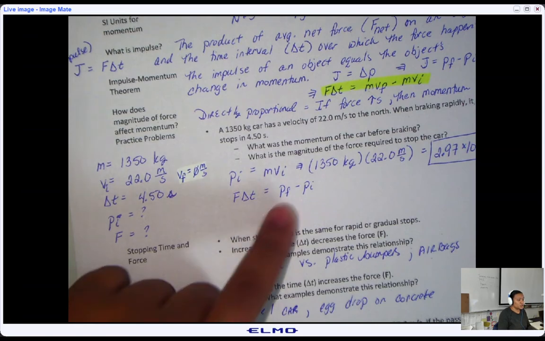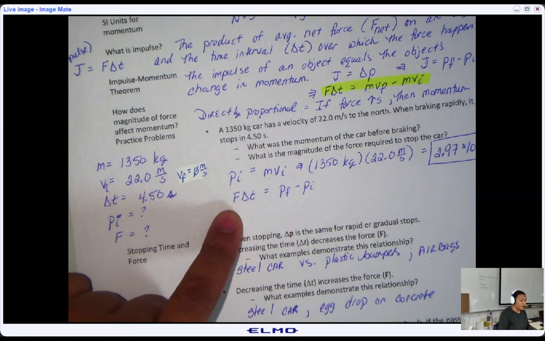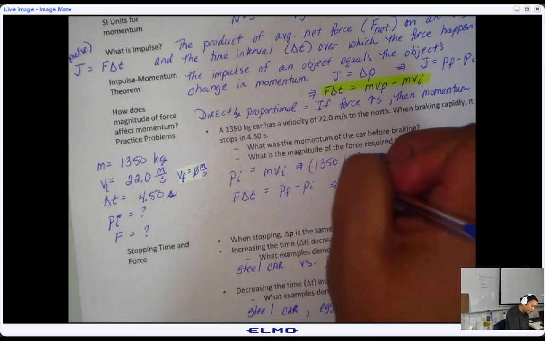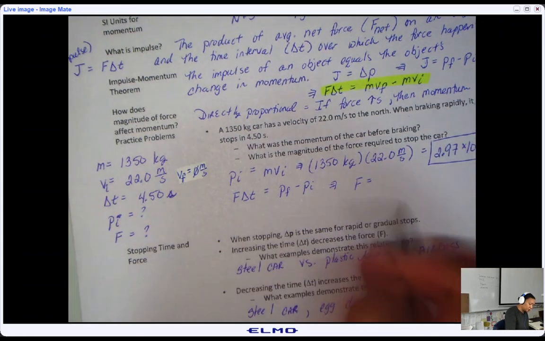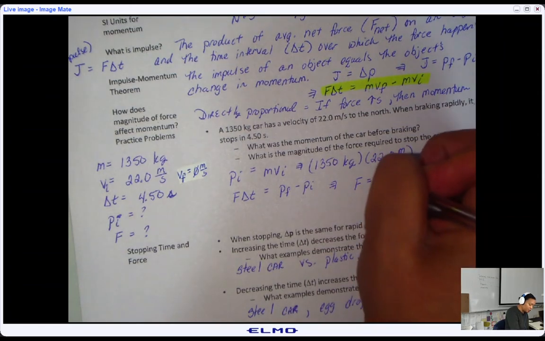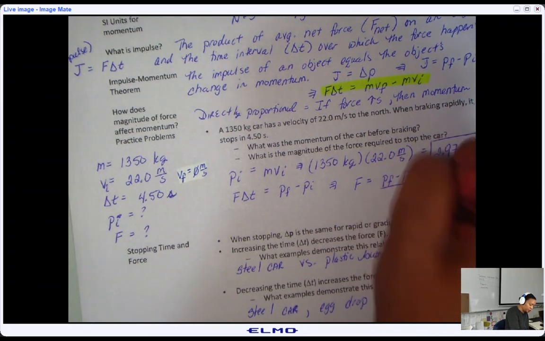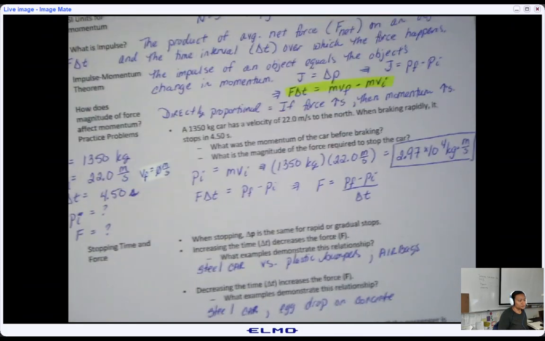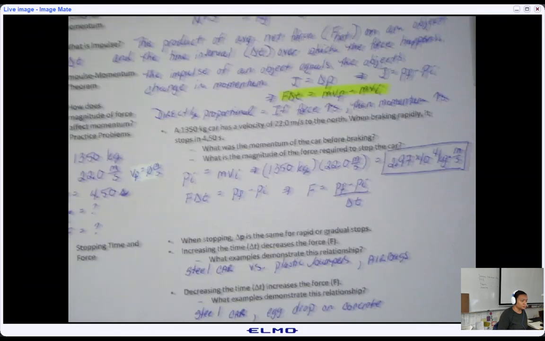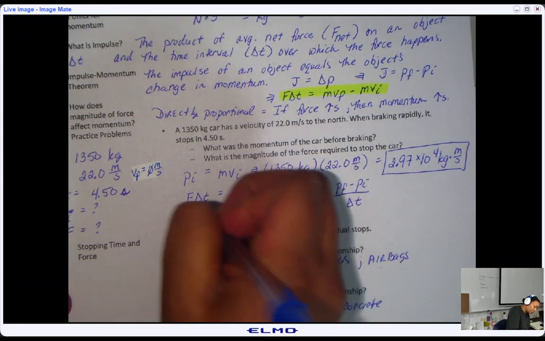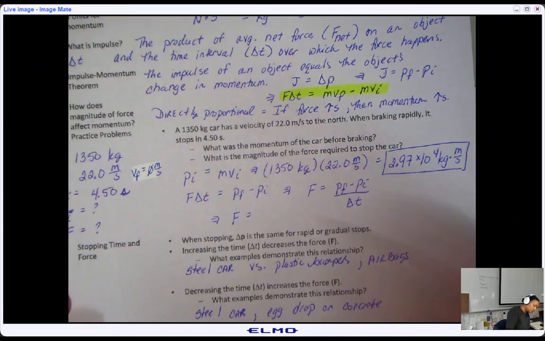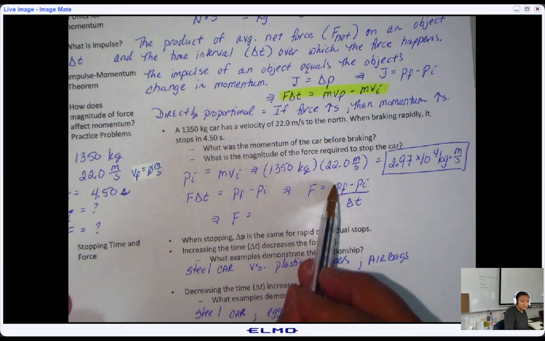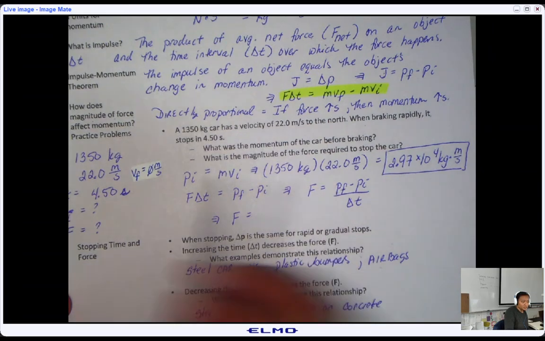Okay, so what'll happen is we have our, looking for force, changing this equation around, I have force, isolating what we're looking for, is going to be your P final minus P initial over your delta T. All right, so plugging those numbers in, force equals, our P final is mass times our final velocity, which is 0.